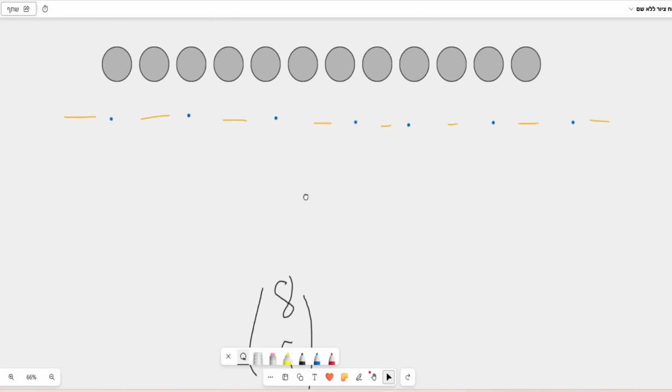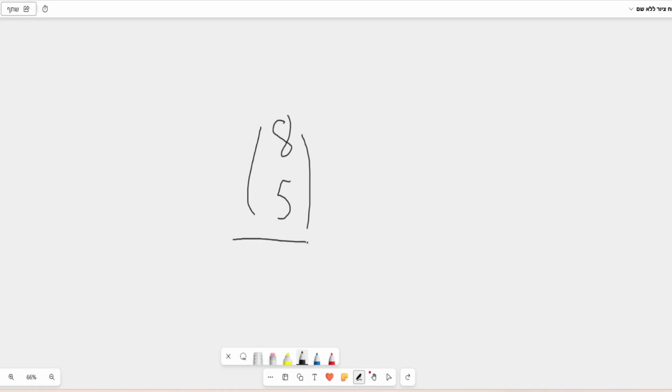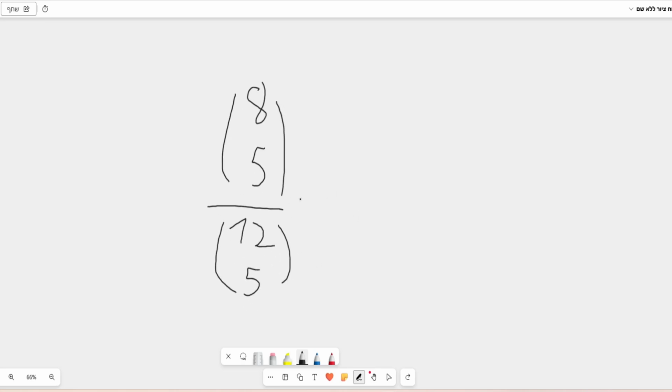So, because we don't account for order, how many total ways do I have to put the 5 lilies? Well, this is just going to be 12 choose 5, right? This time 12 because I can put the lilies in any one of these 12 spots. So the total number of ways is going to be 12 choose 5. So we're going to do 12 choose 5 here. And then we're going to expand.